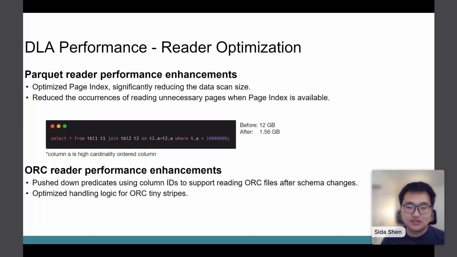These two are just examples. Now the pushdown is not on the column name, it's on the column ID, so even after a schema change it can still do predicate pushdown. We also have better handling logic for ORC tiny stripes that increases performance as well.